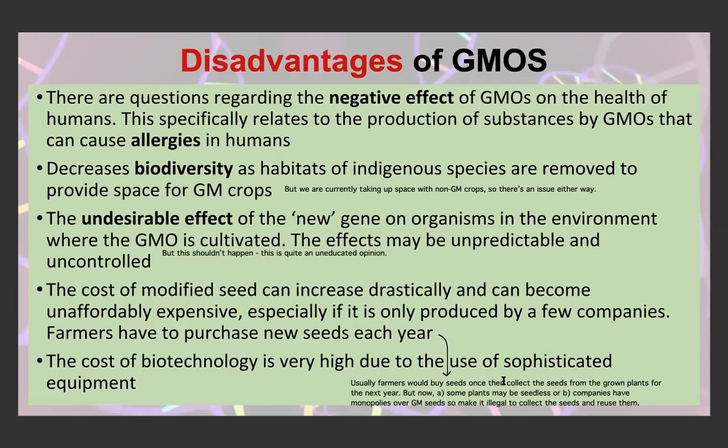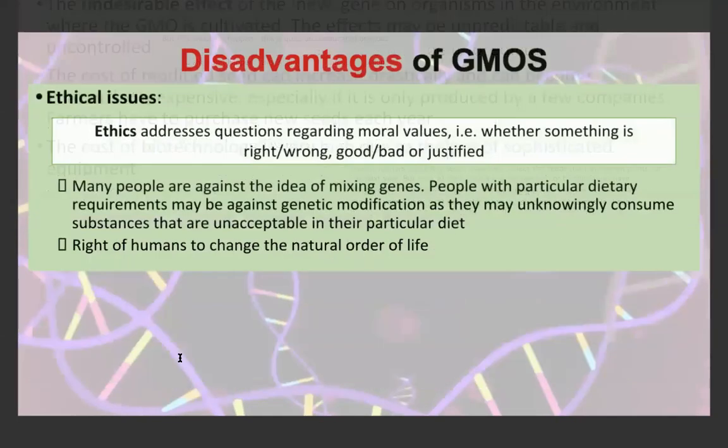Or some companies have monopolies over this genetically modified seed, which means that they require the farmers not to collect the seeds, but they actually have to rebuy seeds each year, and they can make it really, really expensive. And it's also expensive to use this biotechnology to genetically modify crops, which obviously can't be used by people or by companies that can't afford it.